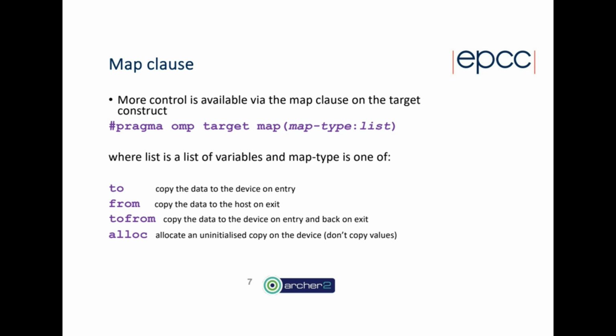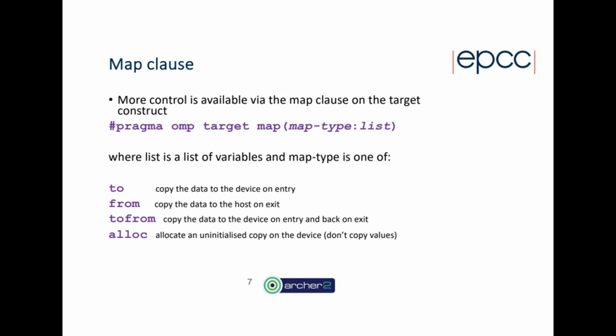So the map type can be to, which means copy the data to the device on entry. From, which means copy that data back from the device to the host on exit. Tofrom, which means both: copy on entry and back on exit.